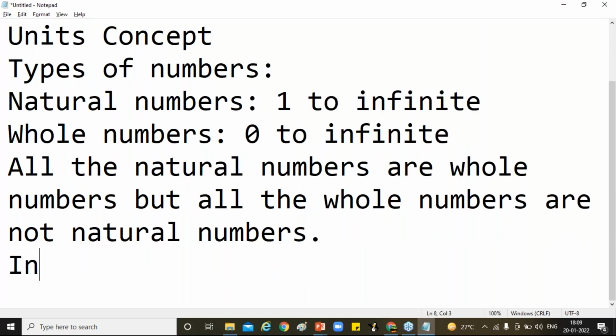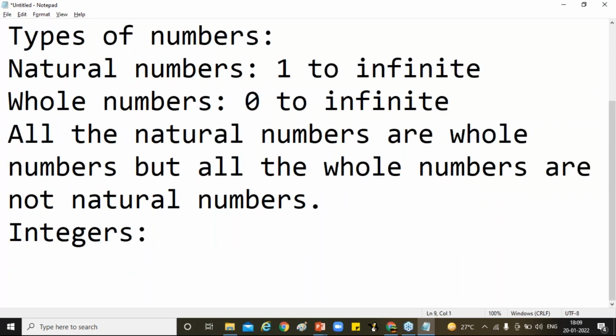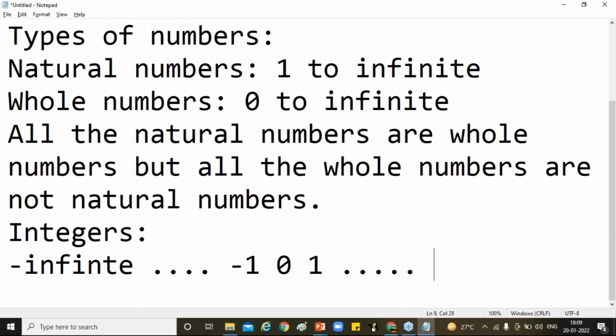Clear? And coming to integers. Integers are nothing but minus infinite to plus infinite.